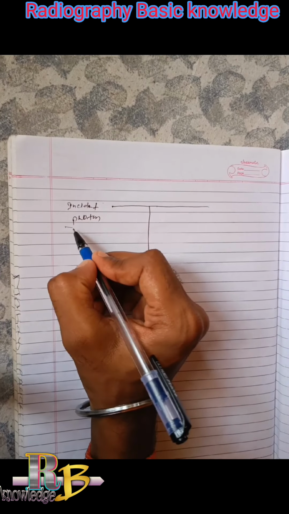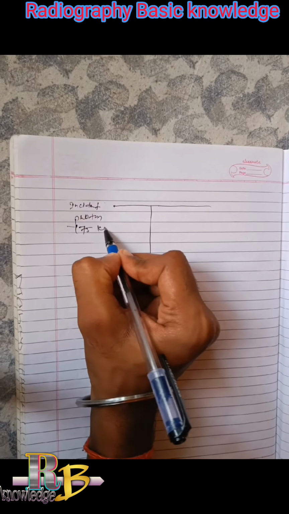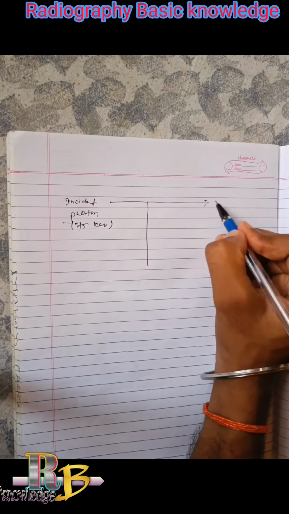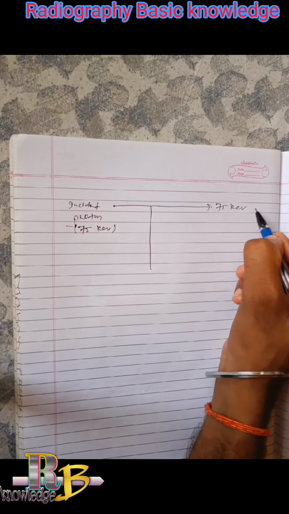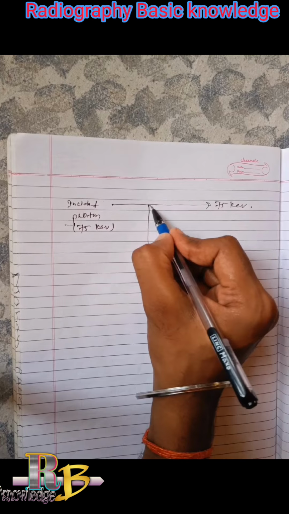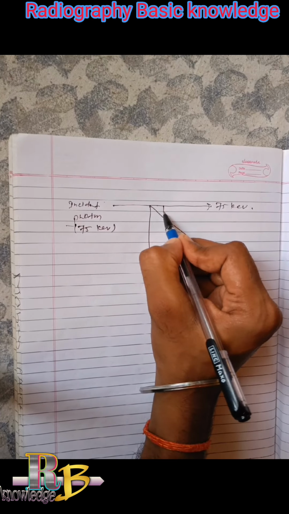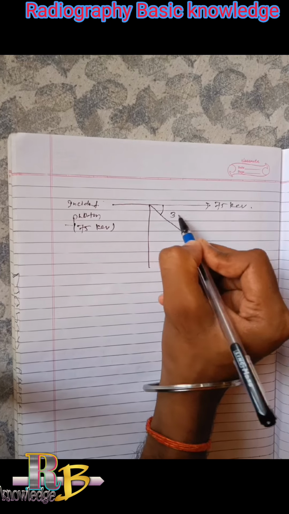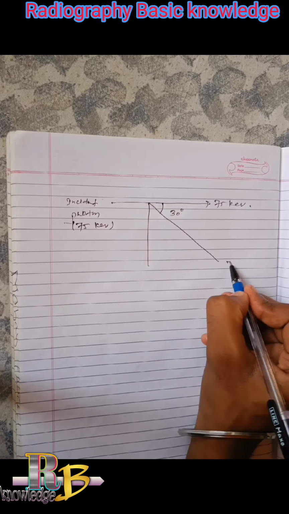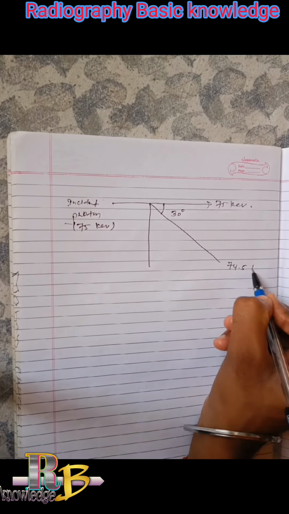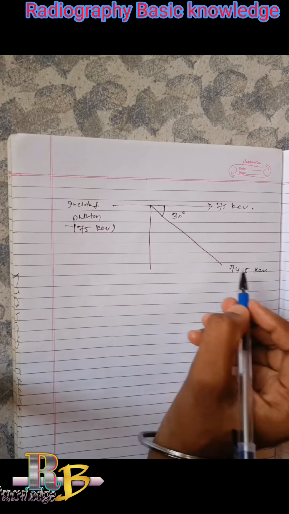Here the energy of the incident photon is 70 kilo electron volt. When the angle increases, the energy decreases.